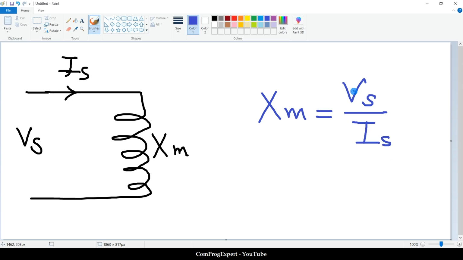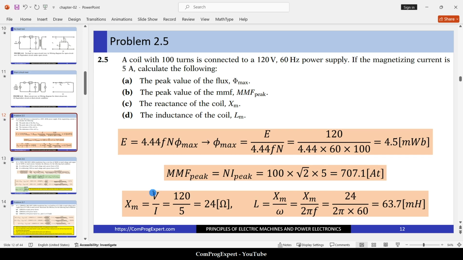Yes, so you can use peak values or RMS values. They must be in the same format. So here we have the RMS value of Vs, 120, divided by 5, the RMS value of the magnetizing current, that is equal to 24 ohm. This is the value of the magnetizing reactance.